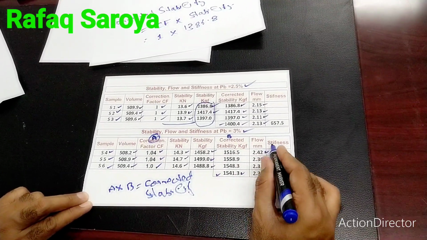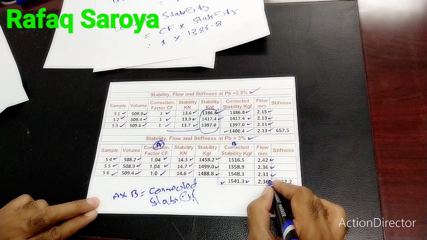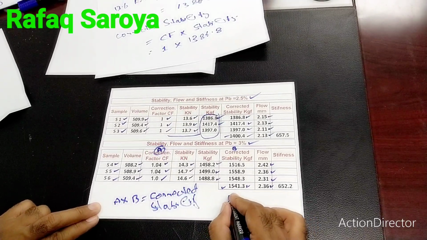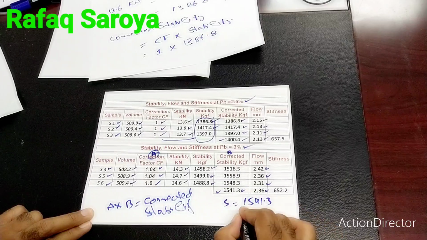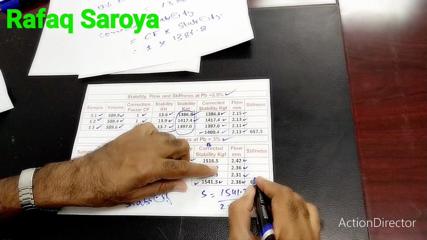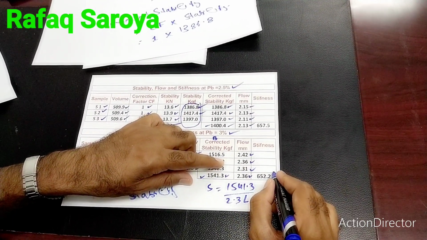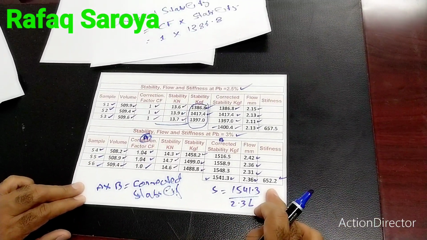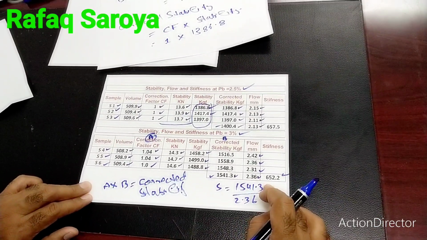The flow values are 2.42, 2.36, 2.31, and the average is 2.36. Now the stiffness is equal to 1541.3 divided by 2.36, and I get the value 652.2. So this is the value of the stiffness, which I have shown over here. The stiffness value is related to the bitumen content.